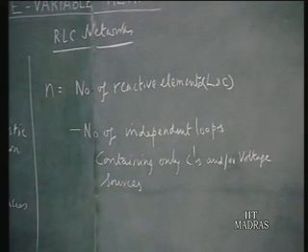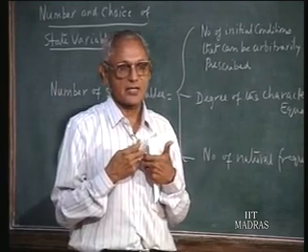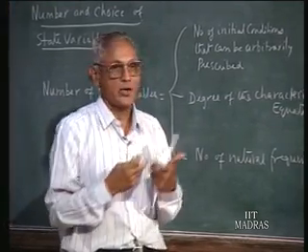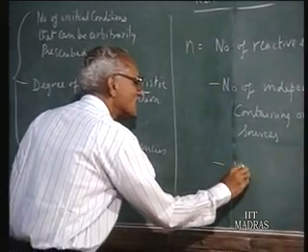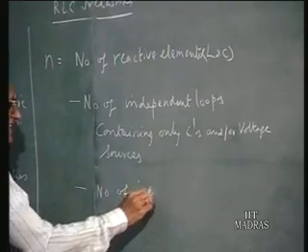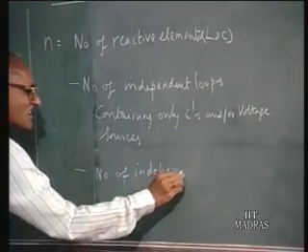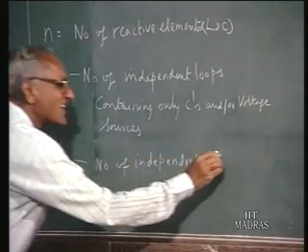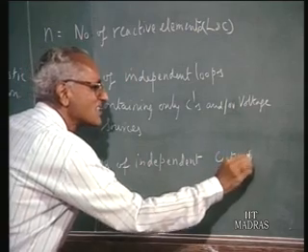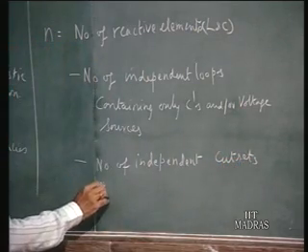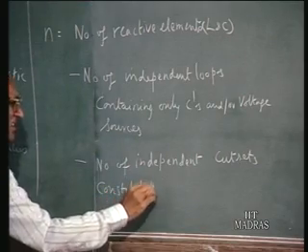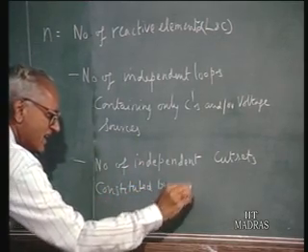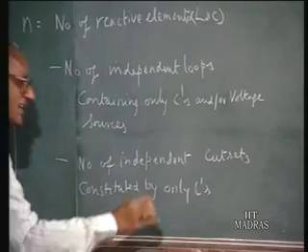And furthermore, it may be that at a node you have 3 inductors, and therefore all the 3 inductor currents cannot be prescribed independently. If 2 are known, the third is fixed. Therefore, we will say by the number of independent cut sets constituted by only inductances and current sources.